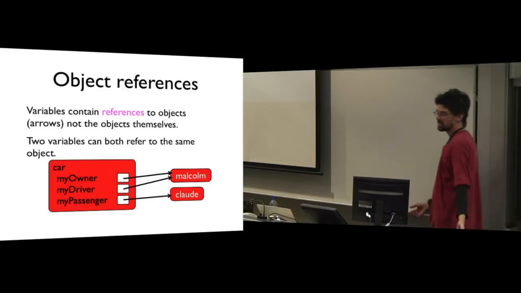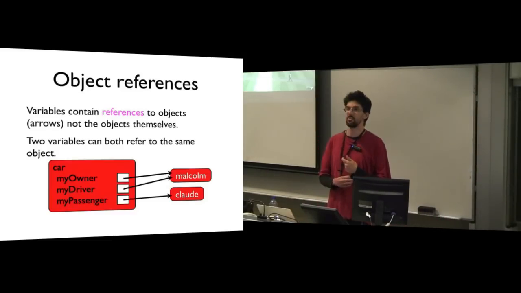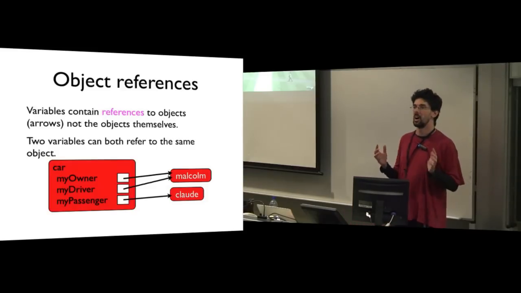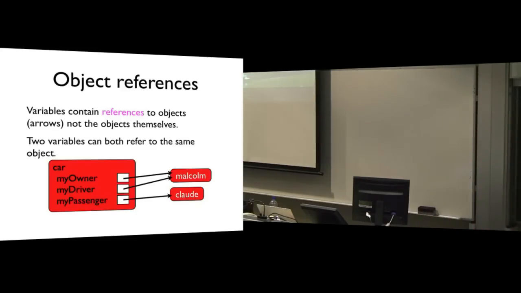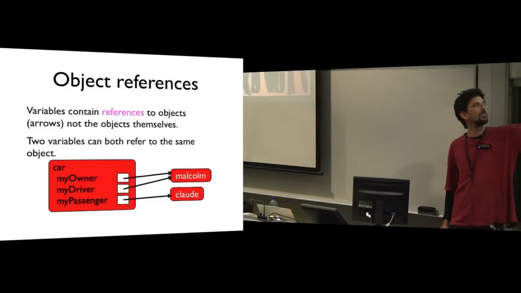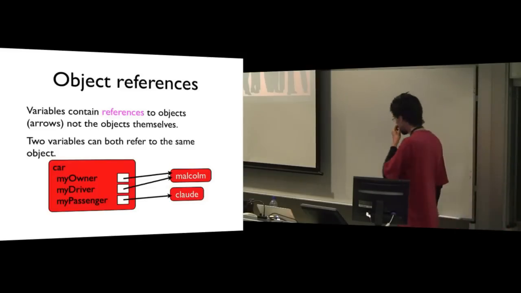So if my car has an owner field and a driver field, then the owner and driver could both point to me. I am a separate object. There aren't 2 copies of me, one here as the owner and one here as the driver. There is one of me and 2 references to me. The owner field refers to me and the driver field refers to me.